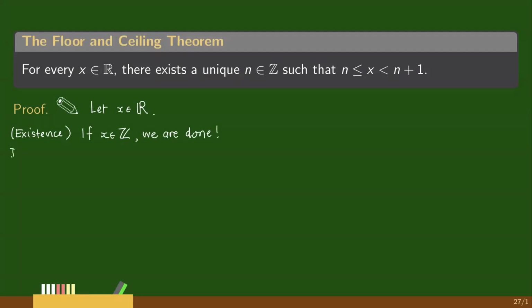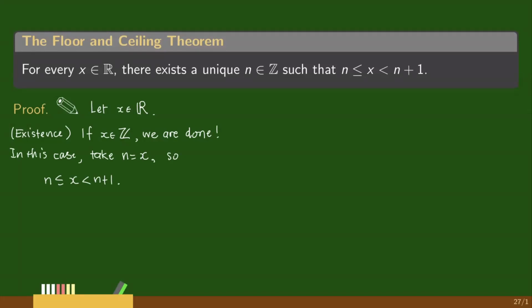Kasi in this case, pwede nyo lang gawing n mismo si x. Did you understand? You can just take n to be x. So, ang n mo is really less than or equal to x at ang x mo ay less than n plus 1. Kasi ang x mo ay n lang din yan. Diba? So, in short, tapos na yung proof whenever x is an integer.